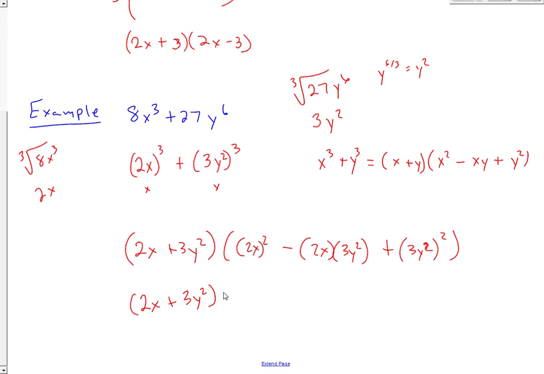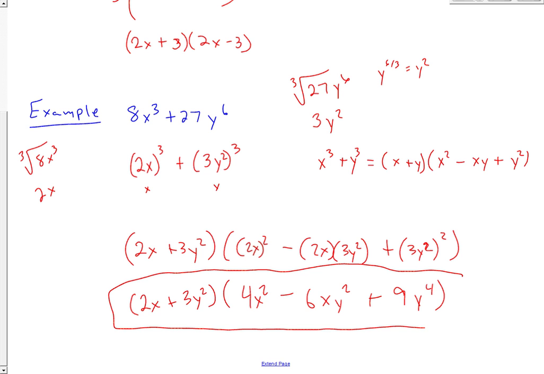And then 2x squared would be 4x squared because 2 squared and x squared. 2 times 3 is 6, and then I have x times y squared. And then 3 squared here is 9, and y squared squared would be y to the fourth. And there are my factors for that example. And that's it.